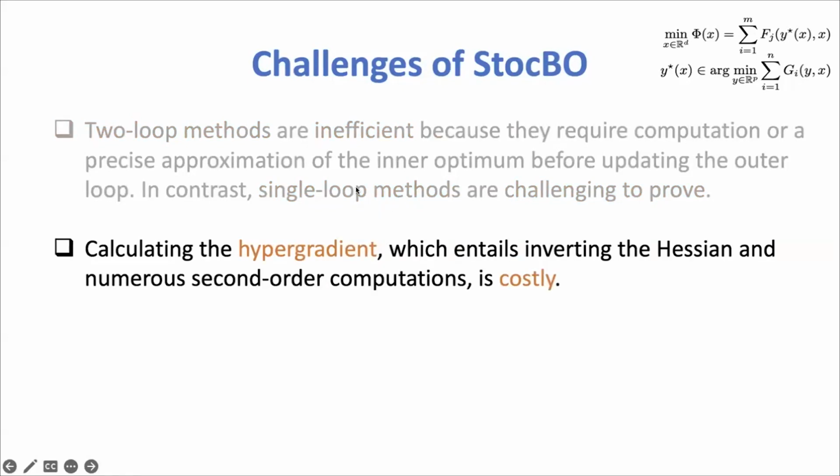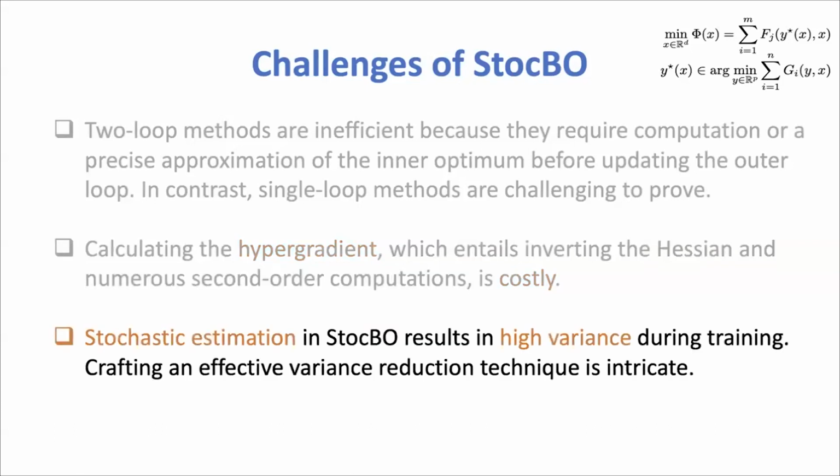The second challenge involves the computation of the hypergradients. As we can see from the previous representation, this hypergradient involves the Hessian inverse, which cannot be computed in some real scenarios.